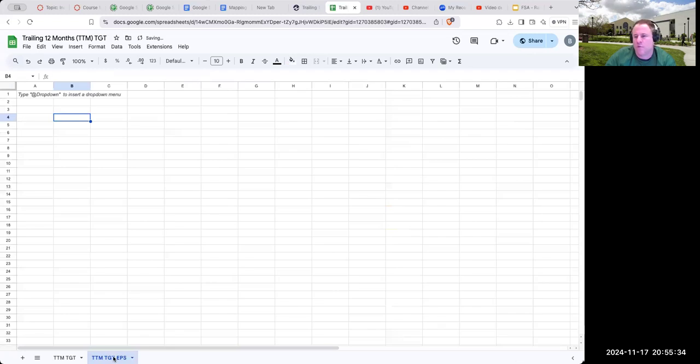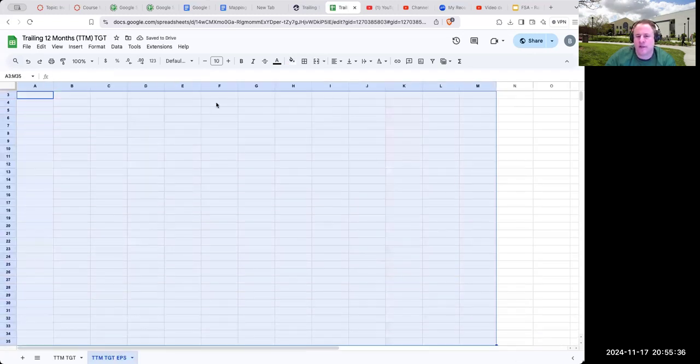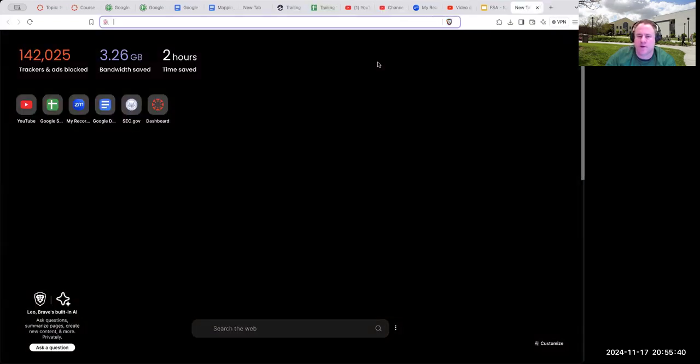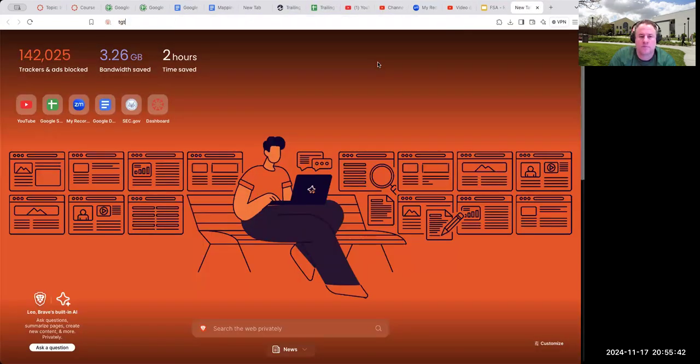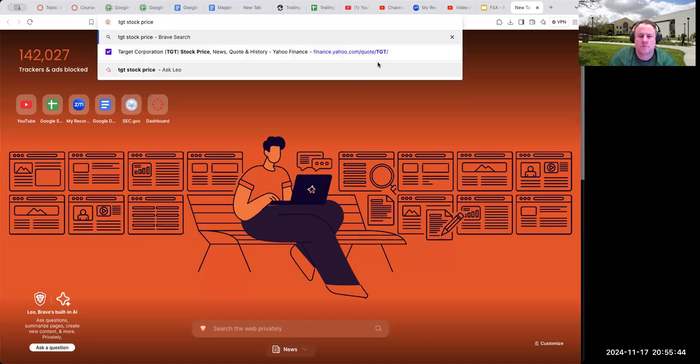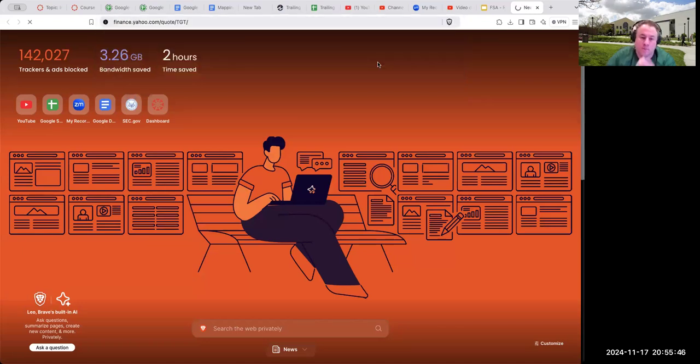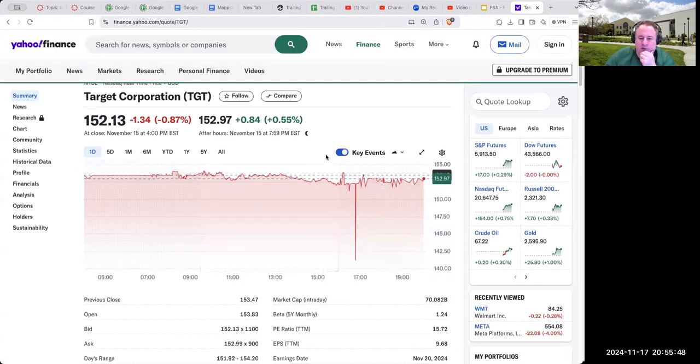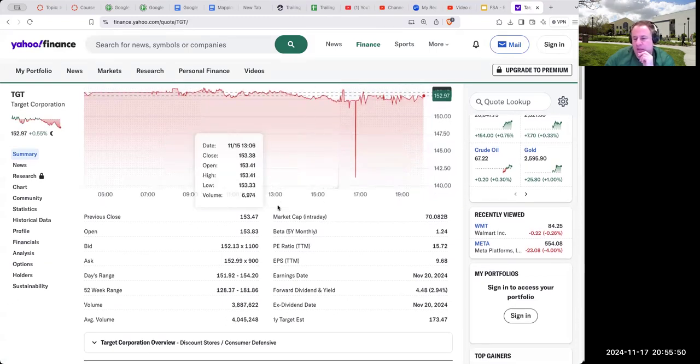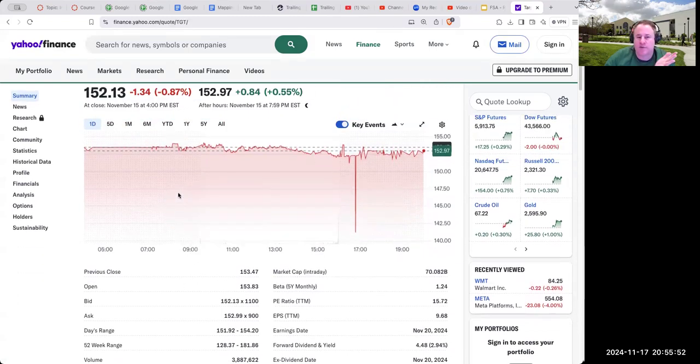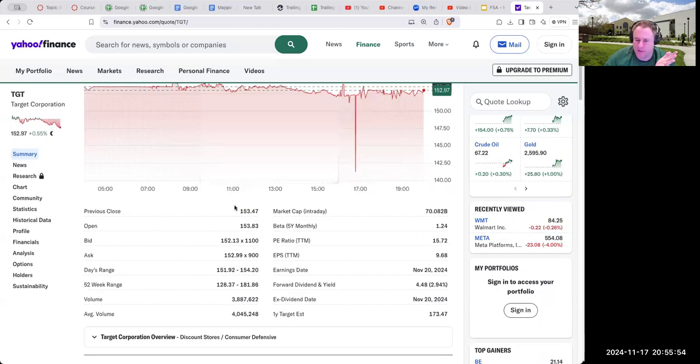So, when we look at the price to earnings ratio, when I come over here to Target Corporation and I'm looking at their stock price, what you see here is for the PE ratio, this is trailing 12 months EPS.